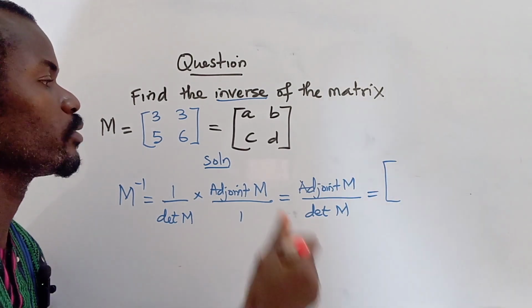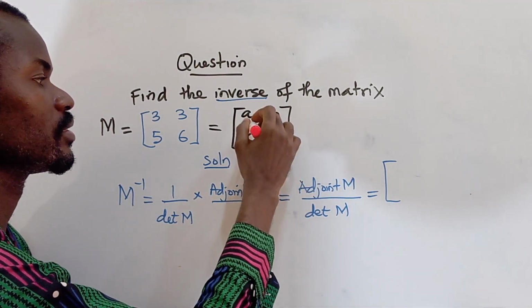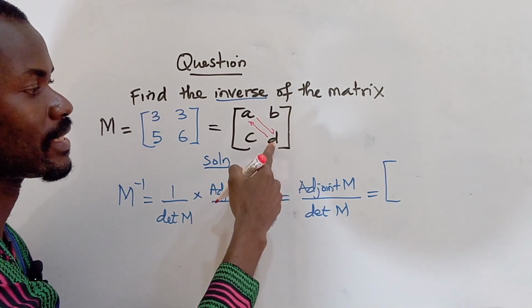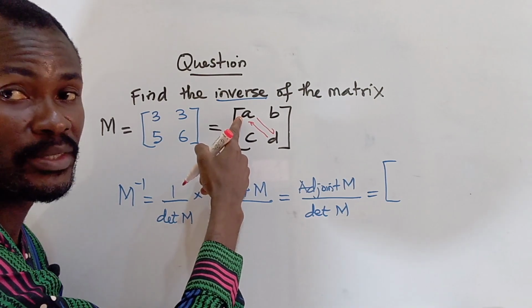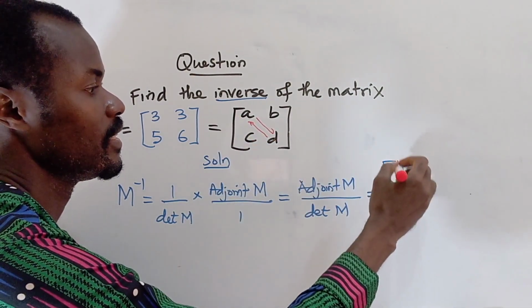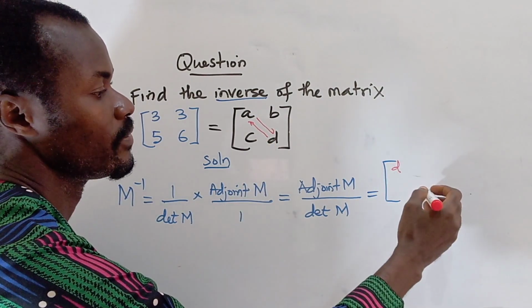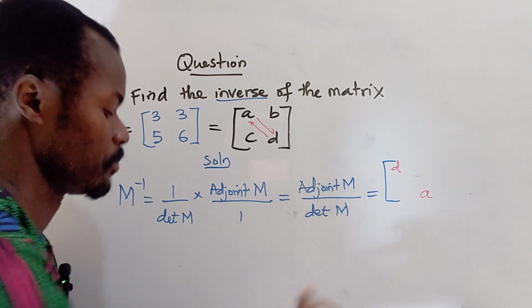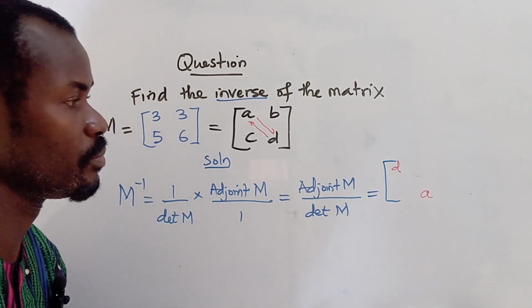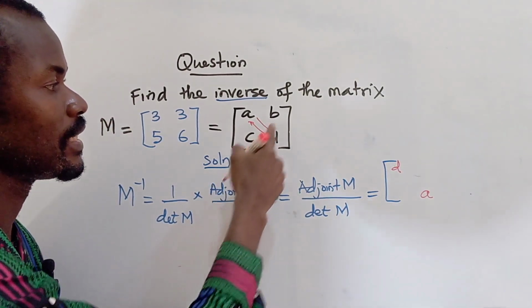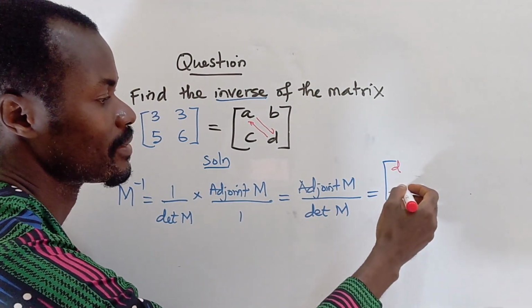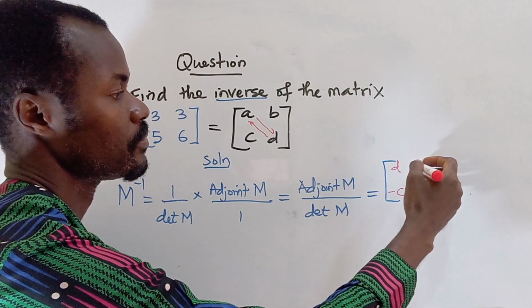All you need to do is interchange these, so that D is going to take the place of A, so I have D here. A is going to take the place of D, so we have A here. That's the first step in developing the formula. Now for C and B, you are going to attach minus to them.